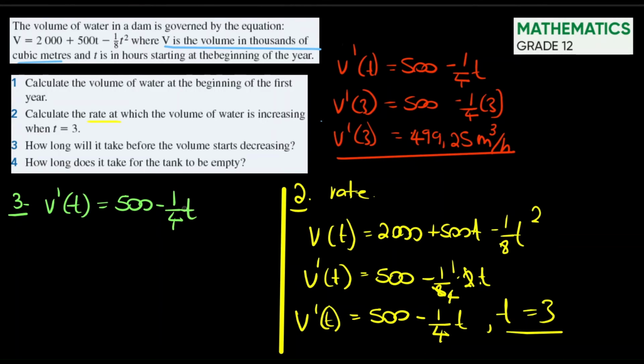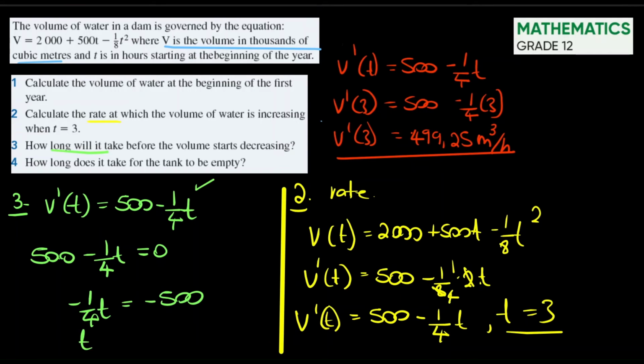But now they're asking how long will it take to start decreasing? So how long? They're asking for time. How long will it take to start decreasing means that we have to equate this rate to 0. Or you can also look at it as a similar question to when they're asking you maximum and minimum. You take the original equation, derive it once, equate it to 0 and solve for t, which will be 1/4 t equals 500.